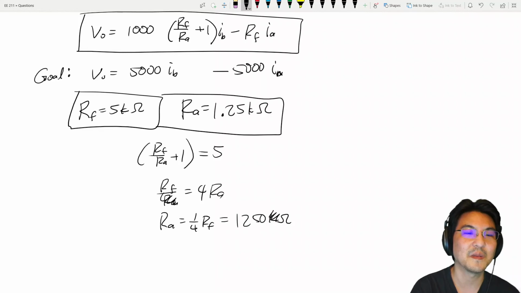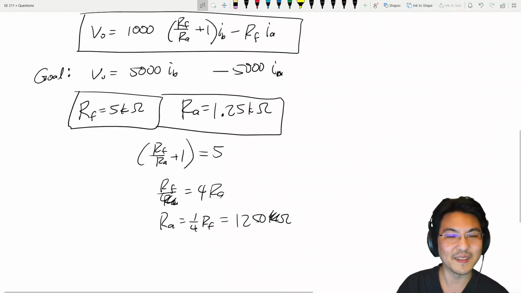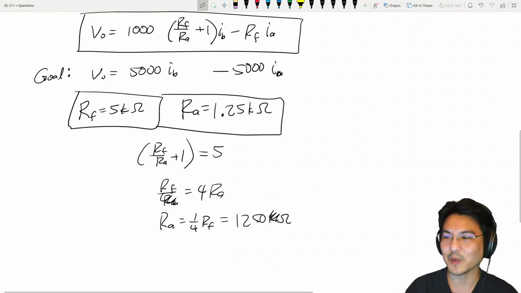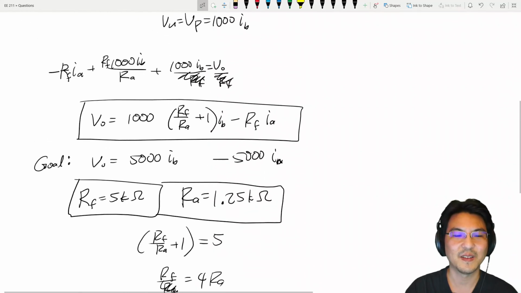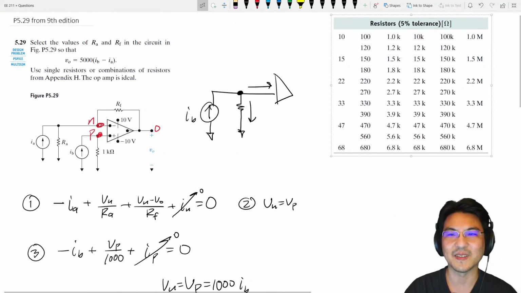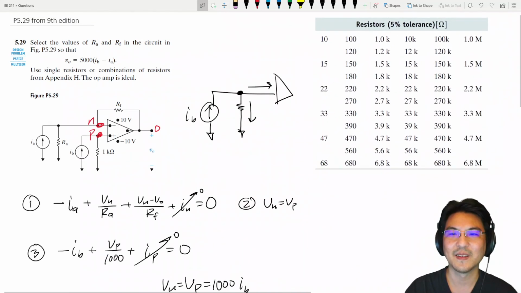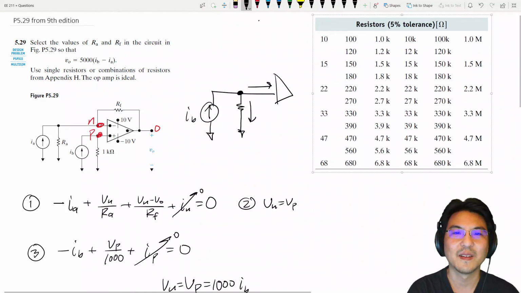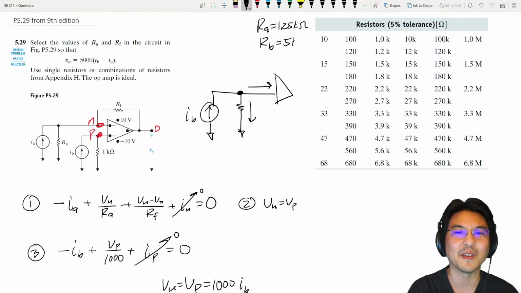Okay, so that's what we want, but in real life, you can't, right? I got this table from the appendix. Okay, so we wanted RA to be 1.25K, and we wanted RF to be 5K.